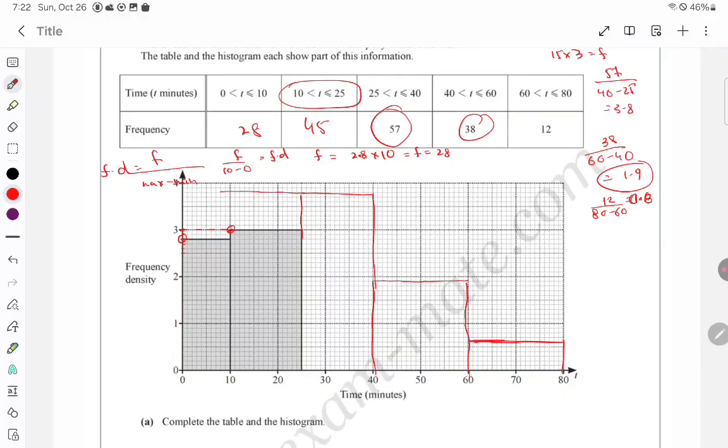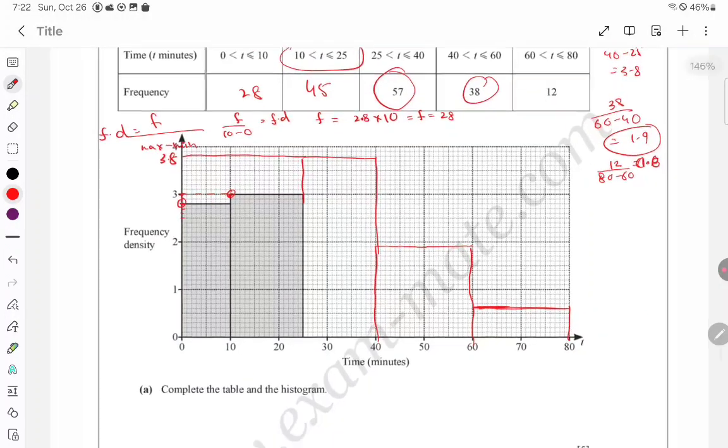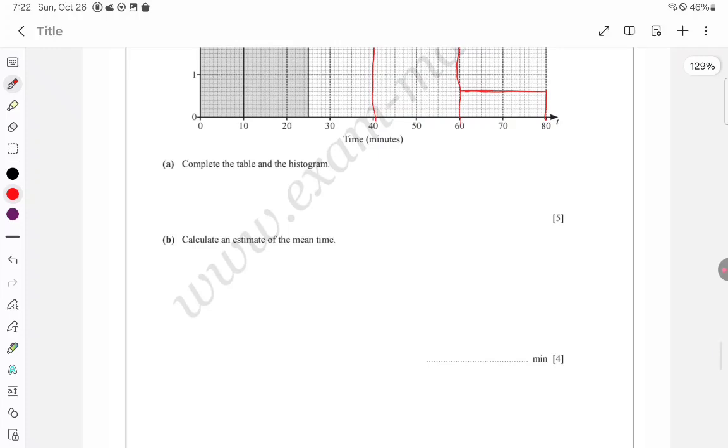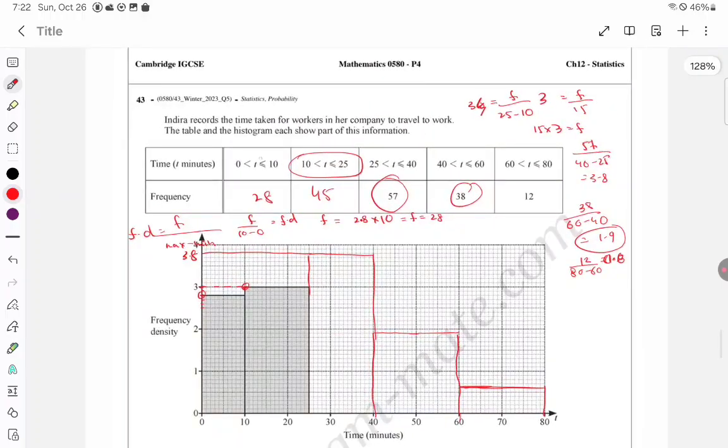Now in part B, calculate an estimate of the mean time. Again, in order to calculate the mean time, add both values and divide by 2 to get our x.